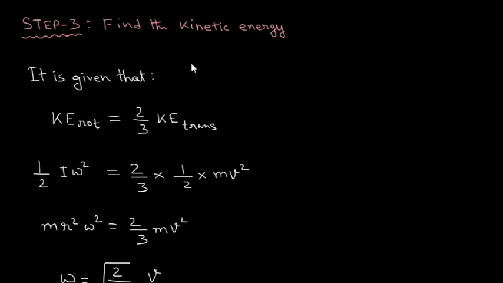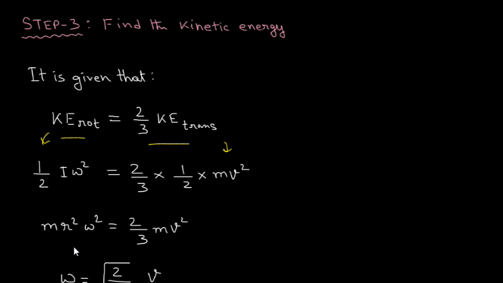Now we'll find the kinetic energy. So it is given that kinetic energy for rotation is 2/3 of kinetic energy of translation. So formula for kinetic energy of rotation is half I omega square, and formula for kinetic energy for translation is half mv square, and the relation 2 by 3 is already given.